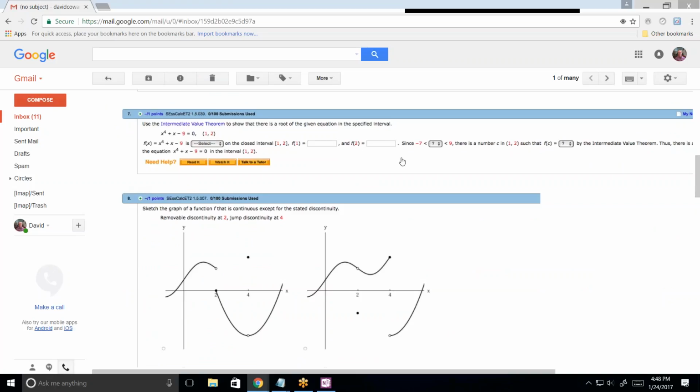Oh, and then there's a second part to that also. There's a number C in the interval such that f of C equals, what are your options here? It's 9, 0, epsilon, and -7.